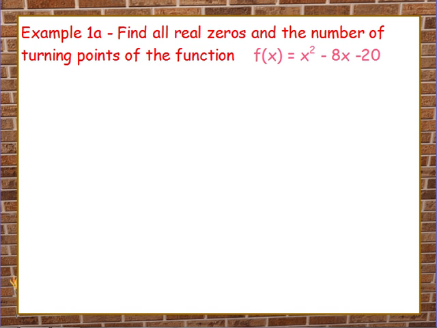Factor and solve. Okay? When I ask you to find the real zeros, I'm asking you to factor and solve. Because I want to actually know where this graph is crossing the x-axis, okay?